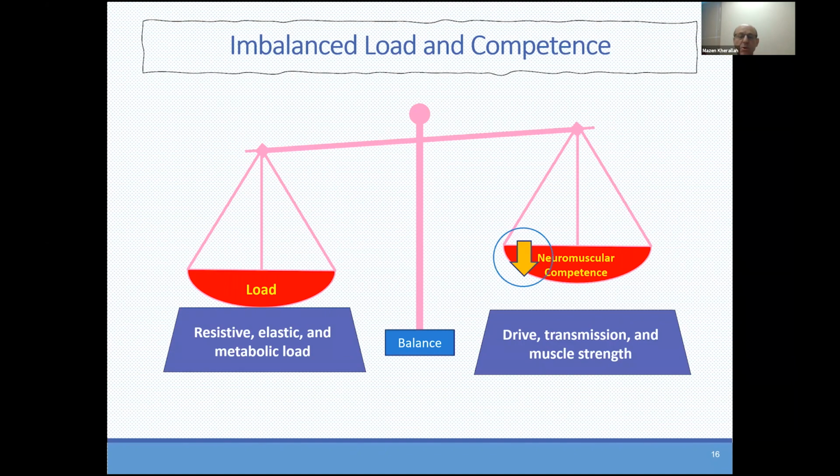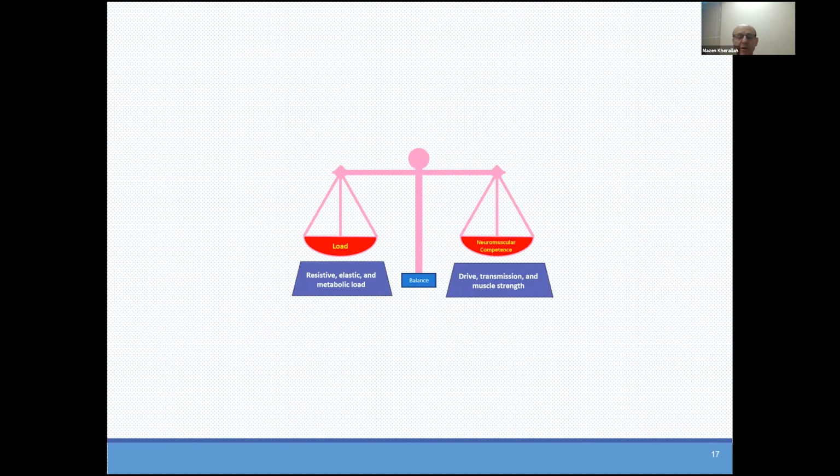So if we put it all together, if you have a balance between the work of breathing, the neuromuscular competence, and the different loads that you have imposed on the respiratory system, you would see things in balance, and the patient is able to breathe effectively for whatever problem he has. This load could be a resistive load, such as in any case of bronchospasm, secretions, or obstruction.